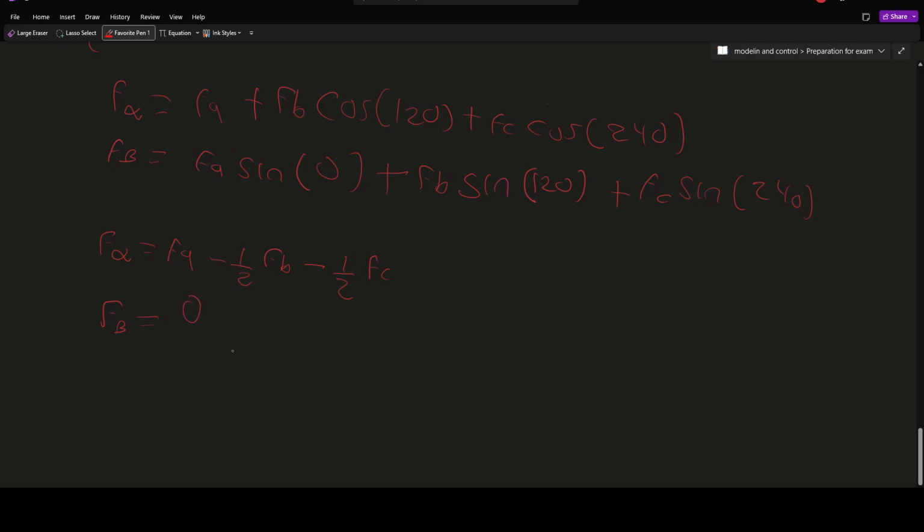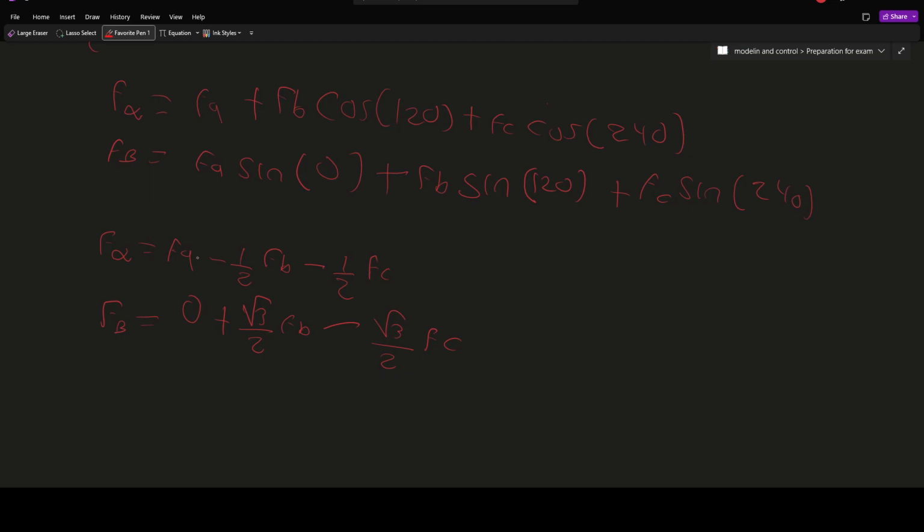Sine of 120 is square root 3 over 2 phasor B, plus, well, minus the square root 3 over 2, the sine of 240 of the phasor C.